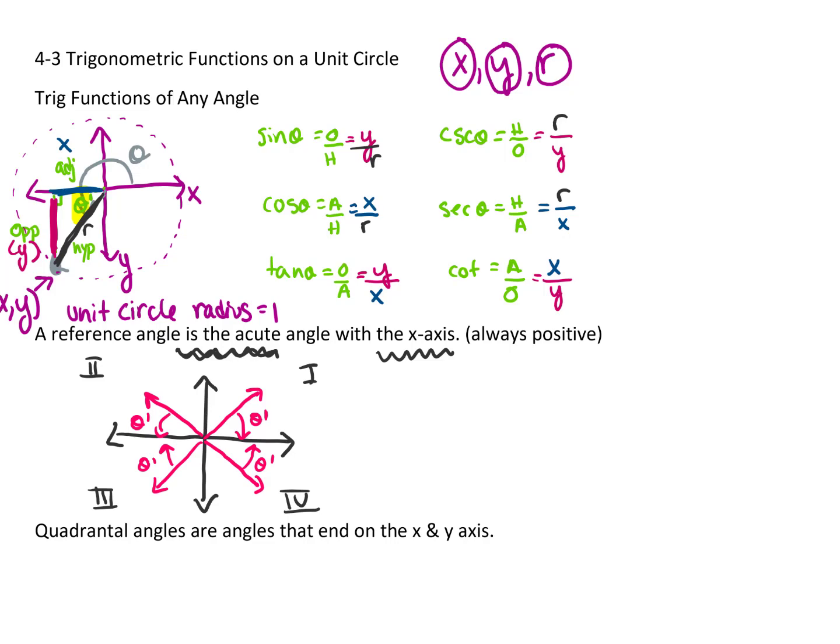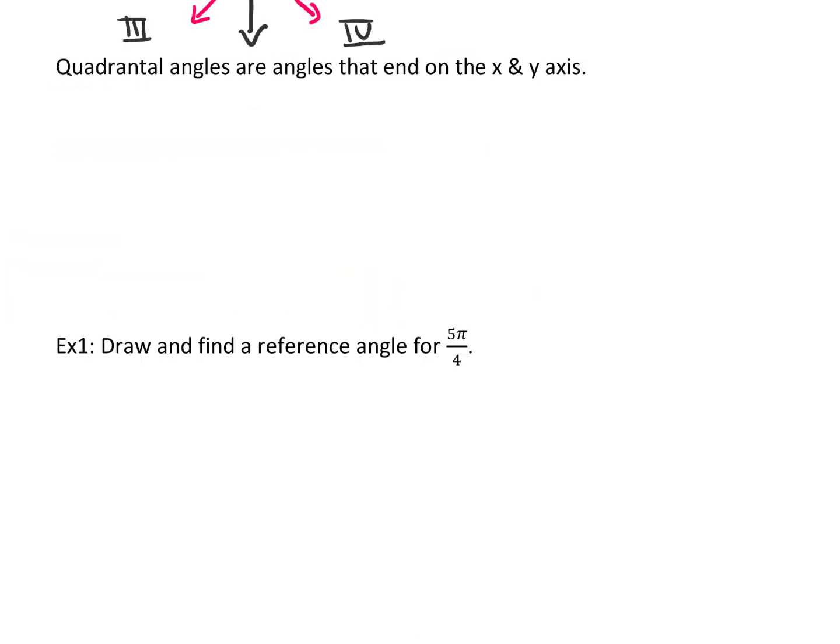So we're really digging in on terminology today. So the last piece here is quadrantal angles. Those are specifically angles that are found on the XY axis. Here's our XY axis. We have 90 degrees, which is also pi over 2.